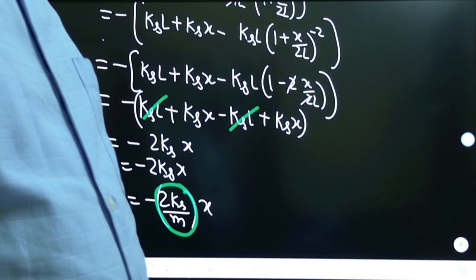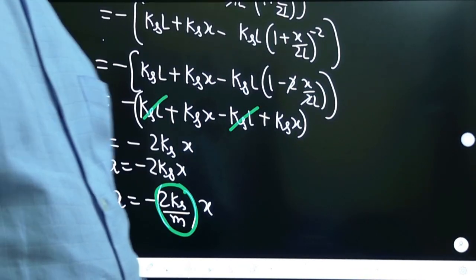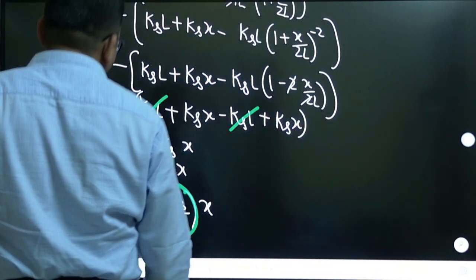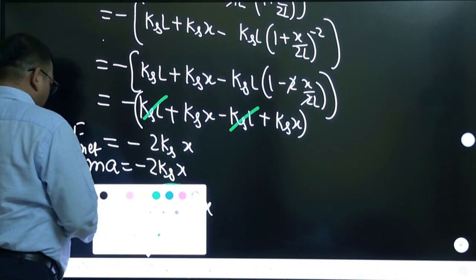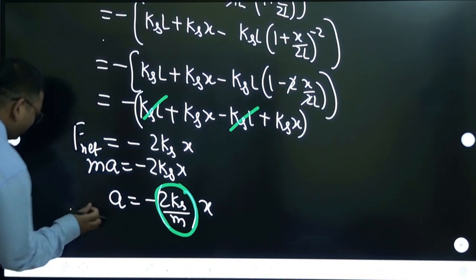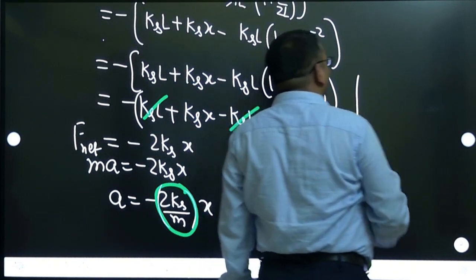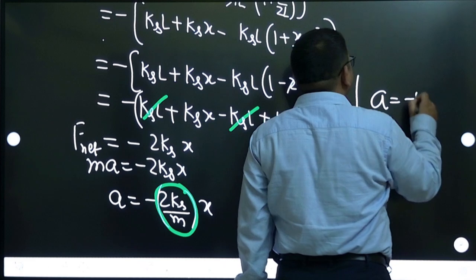You remember the SHM acceleration formula? In SHM, acceleration equals minus omega square x.